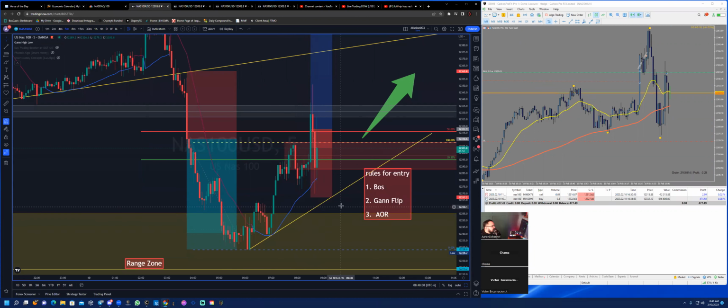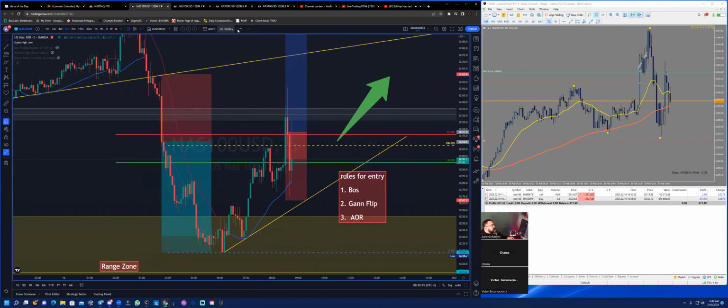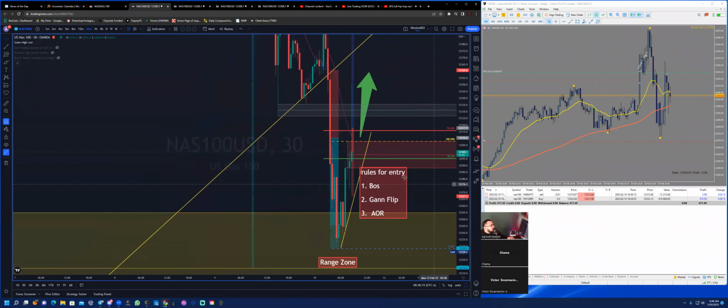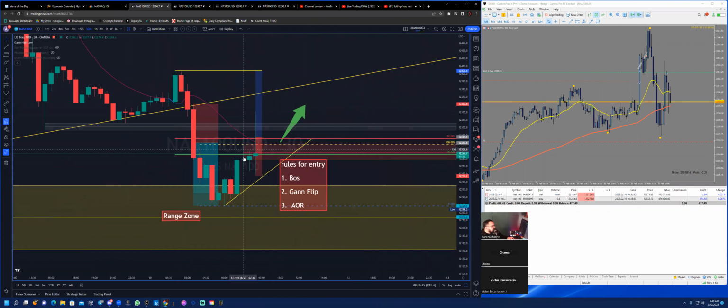And then the AOR. The AOR is actually this little red box here. That red box there is a 30-minute wick fill, based on this candle's wick. All right, that's our rules.